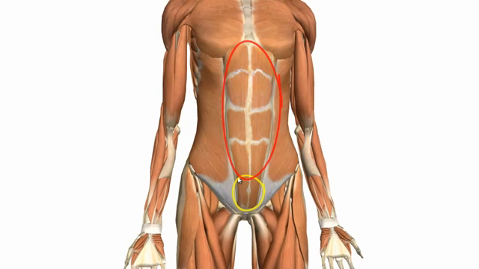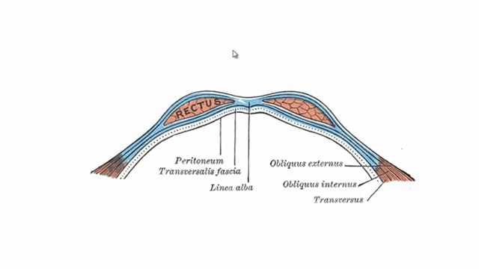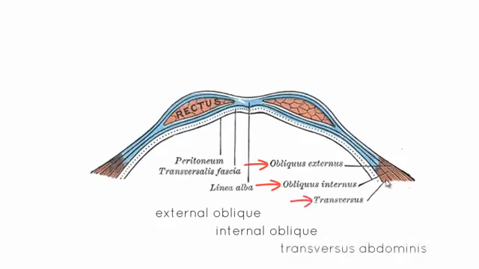So what I'm going to do now is switch over to a cross section to show you this rectus sheath. So we're now looking at a cross section, and this is anterior, so you've got the rectus muscle, so both halves of the rectus muscles, and in the middle you've got the linea alba. And then laterally you've got the three lateral muscles, which I haven't talked to you about yet, but just briefly, you've got the outer muscle called the external oblique, the muscle below that's called the internal oblique, and the most inner muscle is called the transversus abdominis.